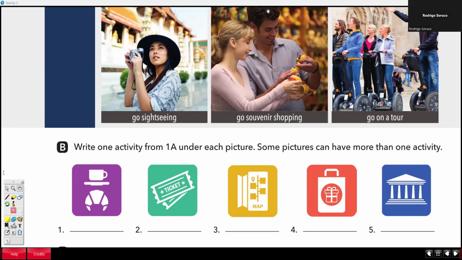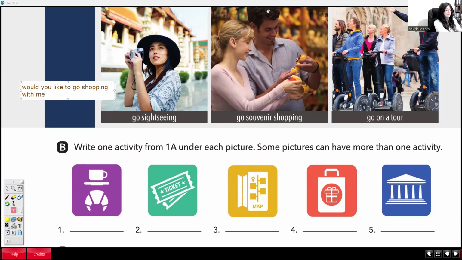I start the conversation saying, would you like to go with me to some place? So, for example, would you like to go with me to go shopping? That's perfect. Then you say the activity, shopping, for example, and at the end, you say with me.